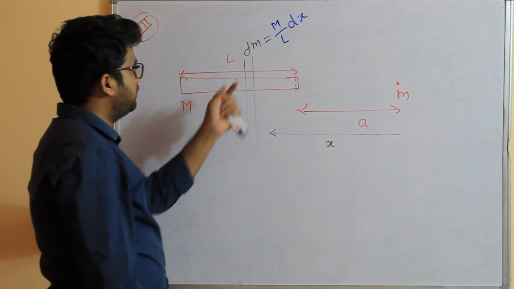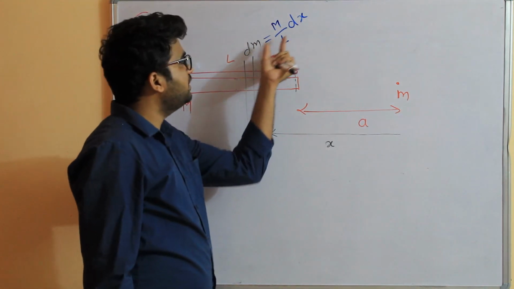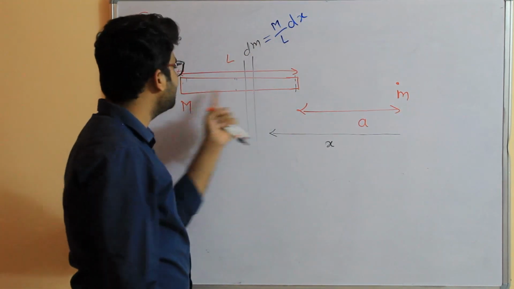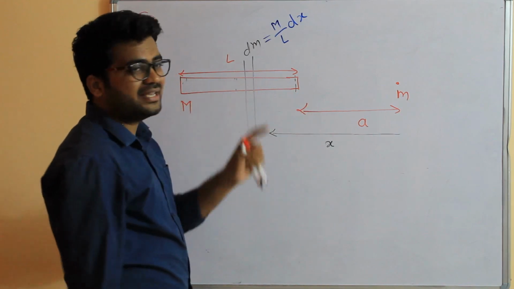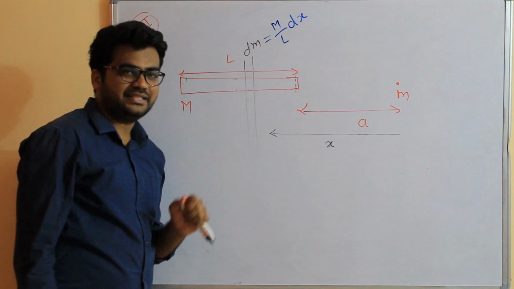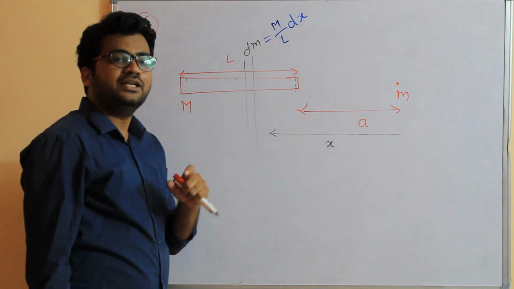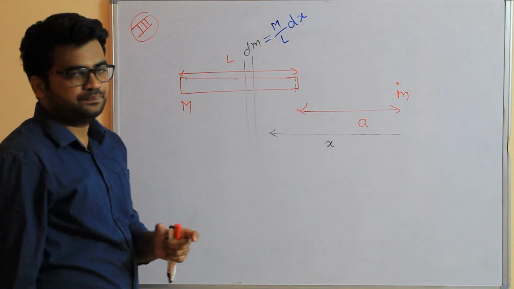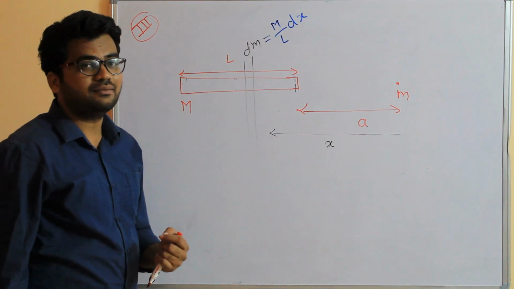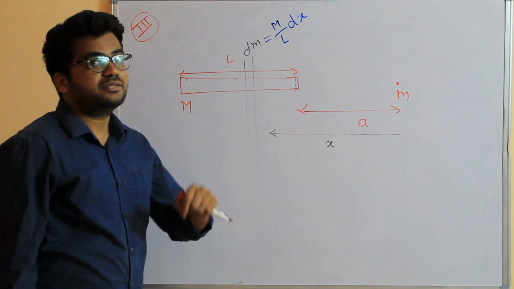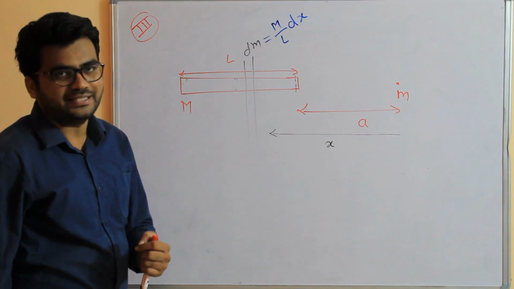How is this true? Because this has uniform density. And what is density? Mass by length is linear density, mass by area is areal density, and mass by volume is volume density, isn't it?